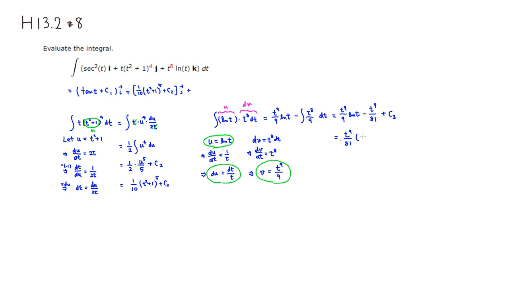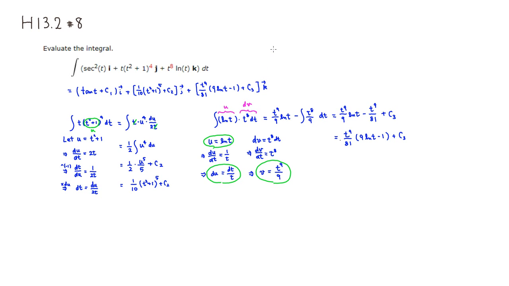That way you're going to have an extra 9 here: 9 natural log of t minus 1, plus some constant C3. So we got this third component: t to the 9th over 81 times (9 natural log of t minus 1), plus some constant C3. Then you have a vector k.